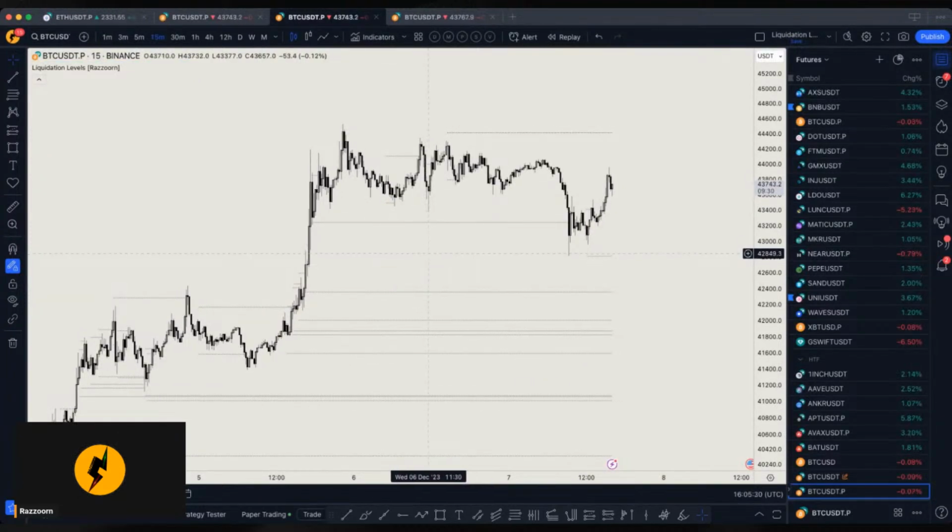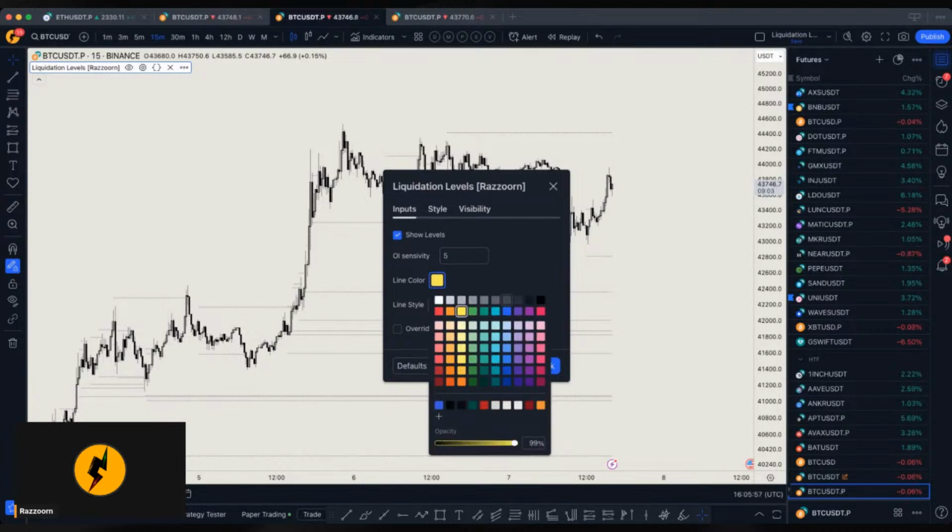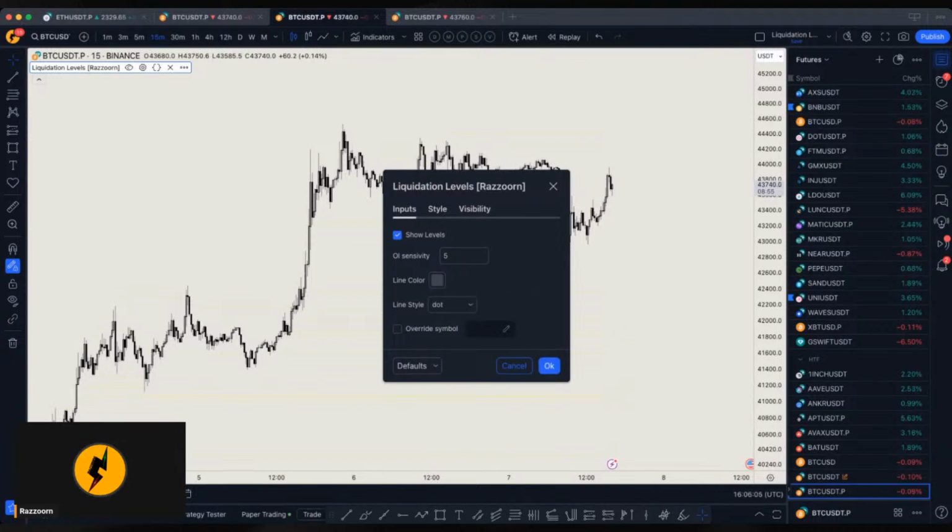It took me like 2-3 months, and I'm pretty happy with them. On my test indicator, I have a lot of options to change and see which one looks better. But for the production version, you only have the OI sensitivity option, and the other stuff you don't really need, right? This is just the color. You can change the color based on your chart theme, and that's pretty much it.